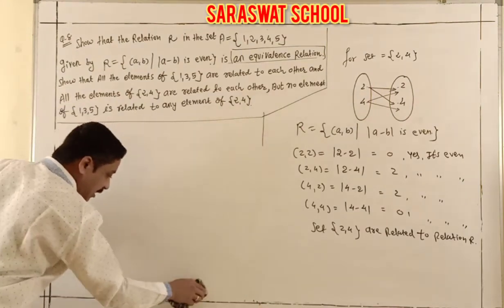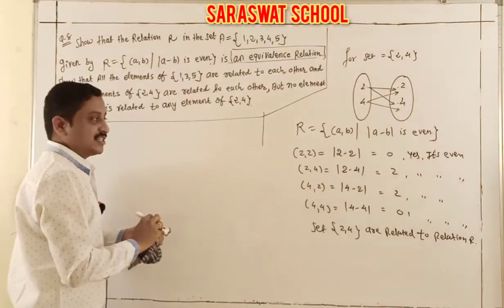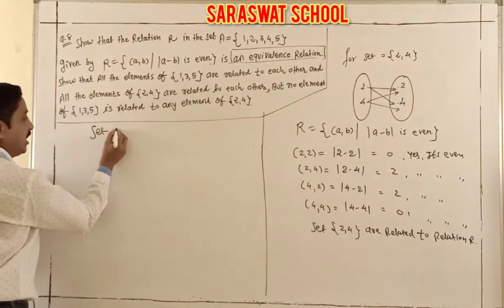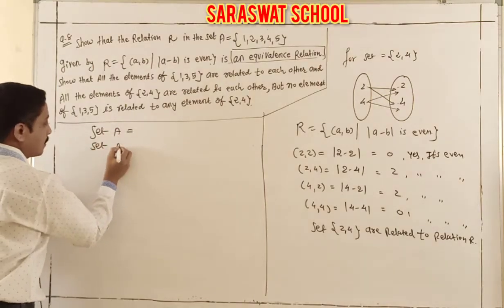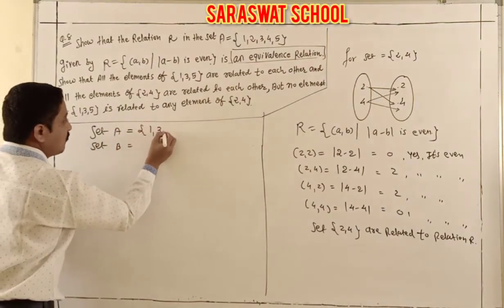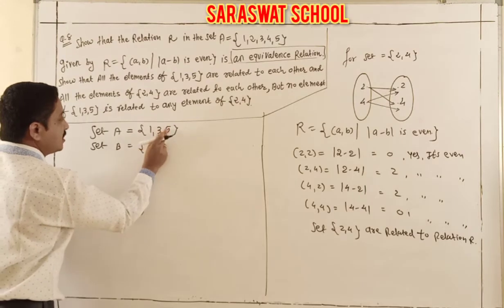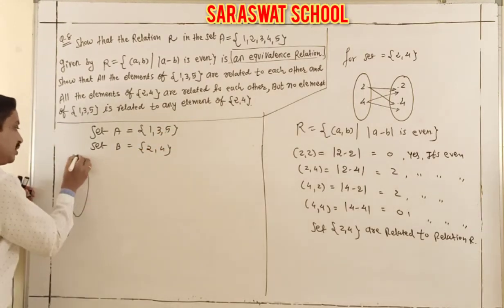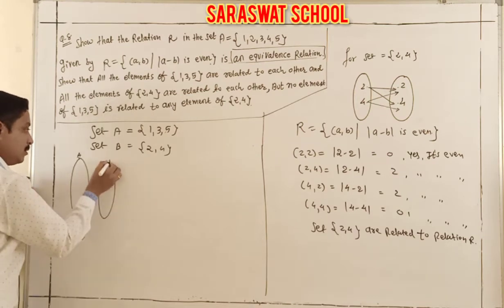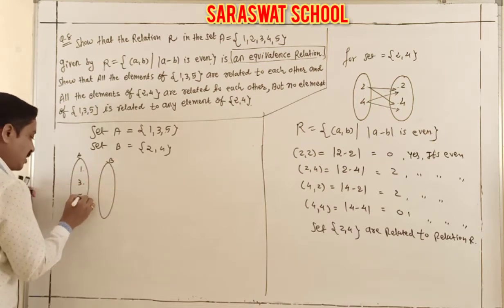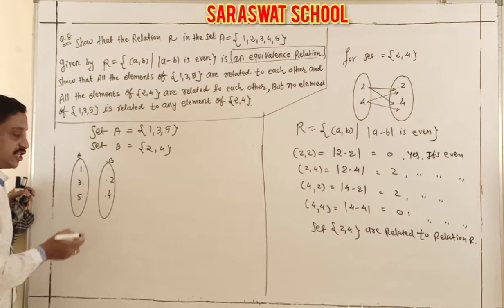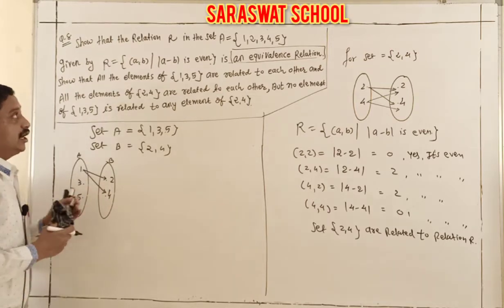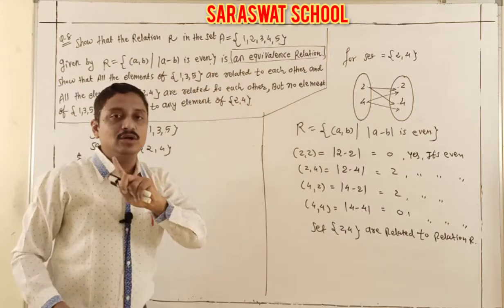So finally now going to our last case. After that, consider the set A. It is 1, 3, 5. Consider the set B. It is 2, 4. And the same doing here, A, here B, 1, 3, 5. Here 2, 4. And check 1, 2 for being related, that is, whether A minus B is even.